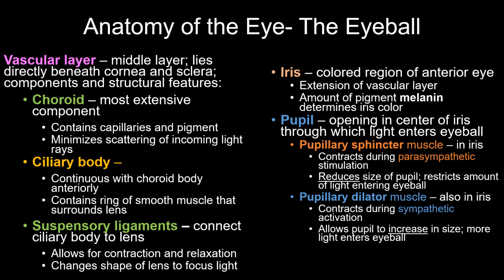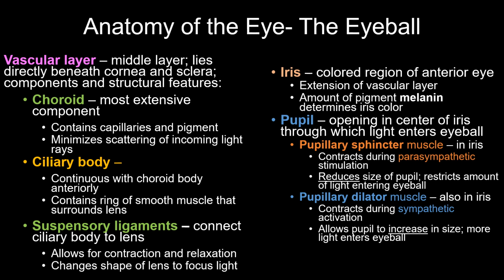The pupil is not actually a structure. The pupil is the absence of a structure. It is a hole in the iris, and this is where light enters the eye. The iris contains smooth muscles, 2 smooth muscles to be exact, that constrict and control how much light passes through the pupil.